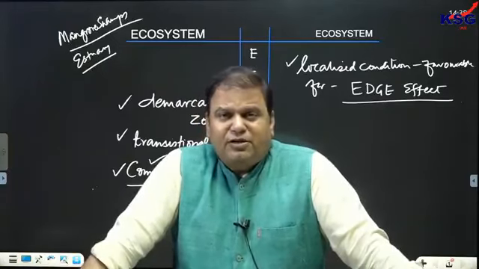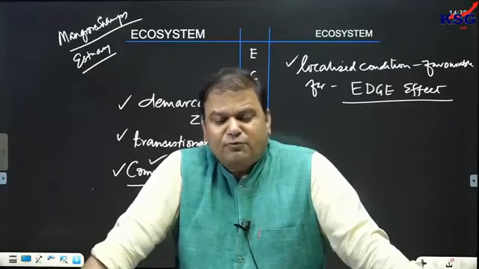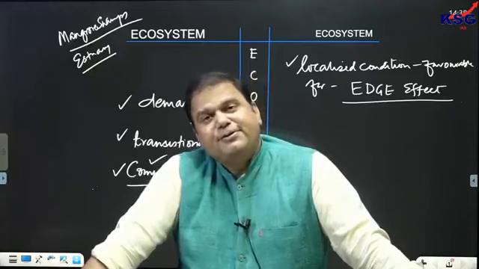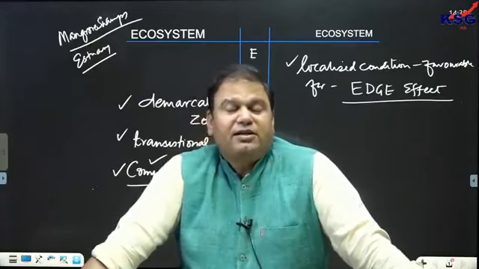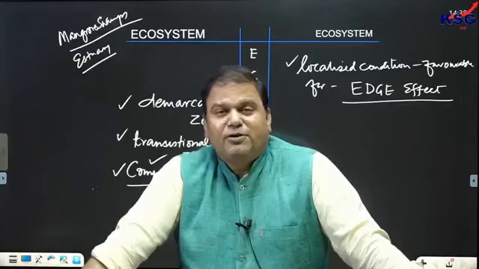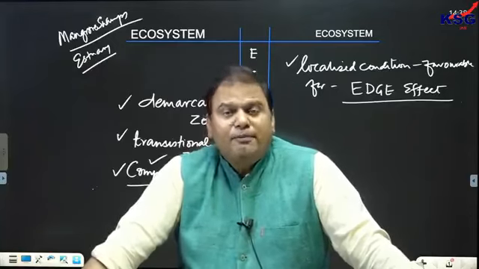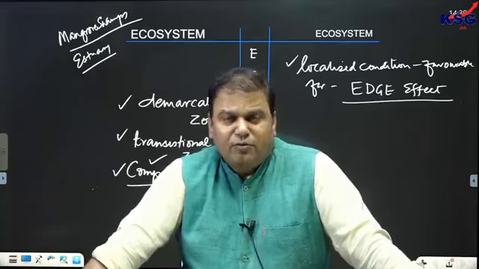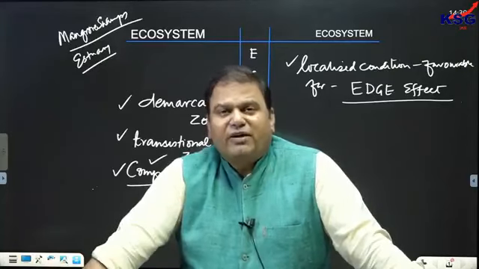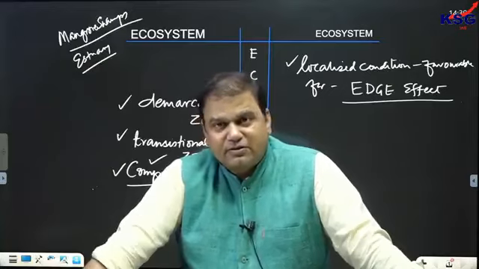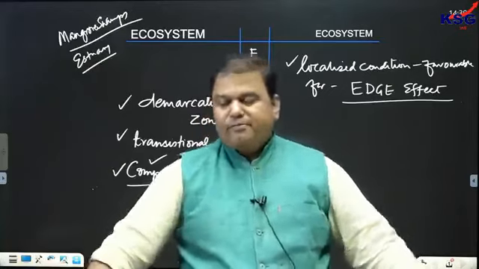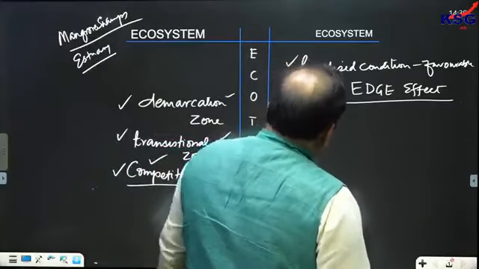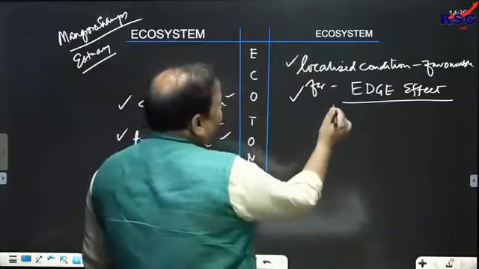So this phenomenon would be called edge effect, but do remember that it has nothing to do with edge species. So in some books they have mentioned that the species present in this area would be called edge species, which is entirely wrong, because edge species stands for evolutionary distinct and globally endangered. They are the only surviving member of their genus on the planet Earth. So they are referred to as edge species.